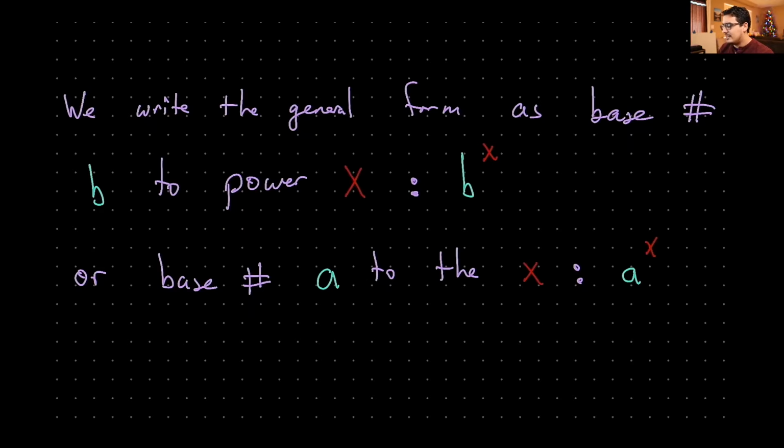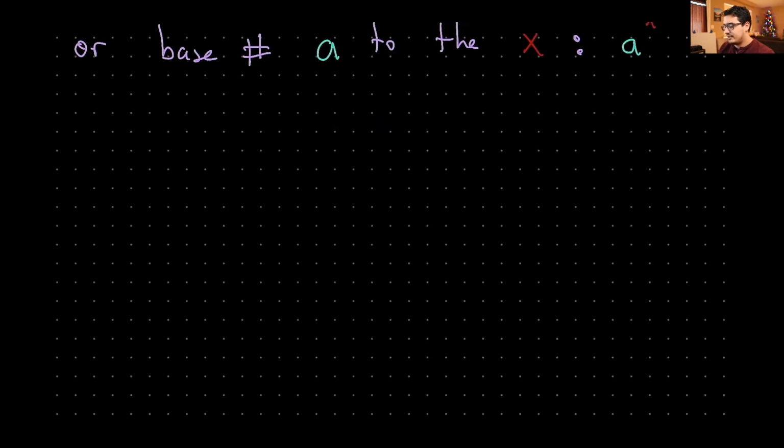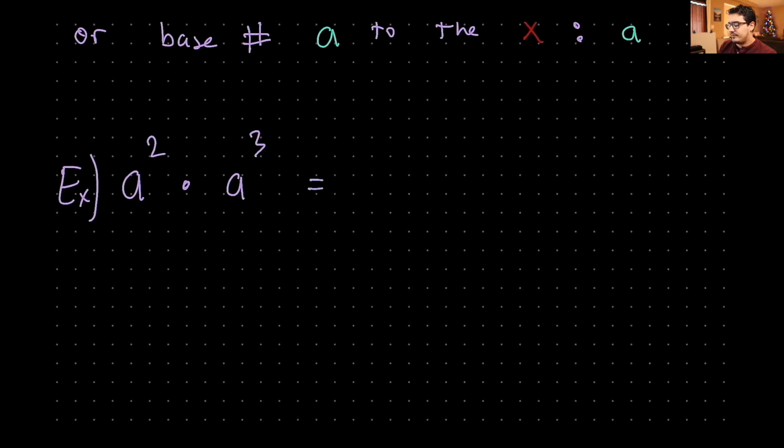So for instance, we start to say stuff like, what's a squared times a cubed? So this is our example here before we get into the big one. And so you'd say, oh, well, if I know how exponents work, so if you don't, go check that other video, they just add, right?